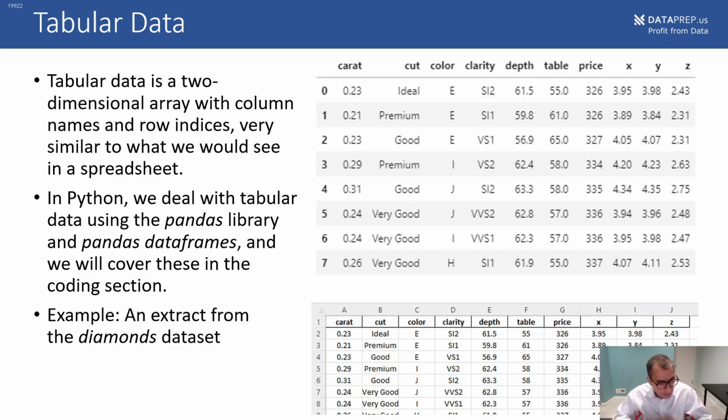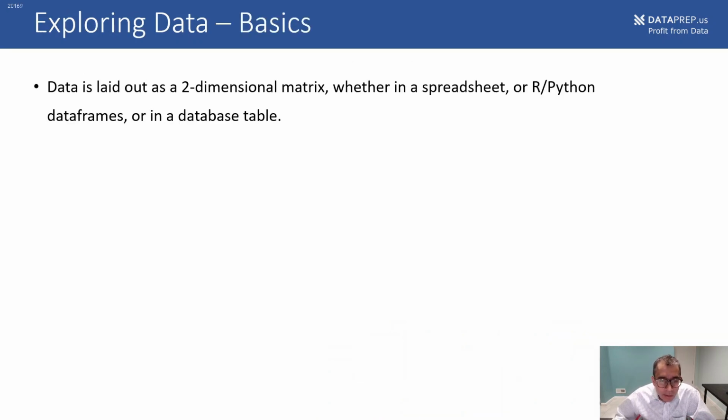And here is the same data represented in our familiar and trusted Excel spreadsheet, very similar to what we just talked about. Now, data in tabular form is laid out as a two-dimensional matrix, whether as a spreadsheet, in R, Python, Spark, you name it, or in a database table as well.